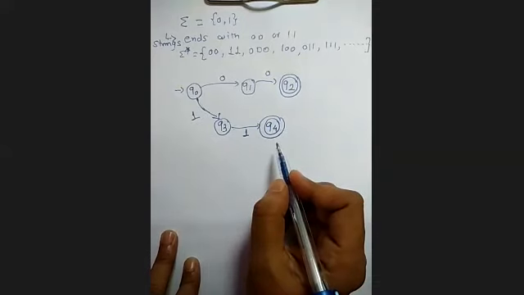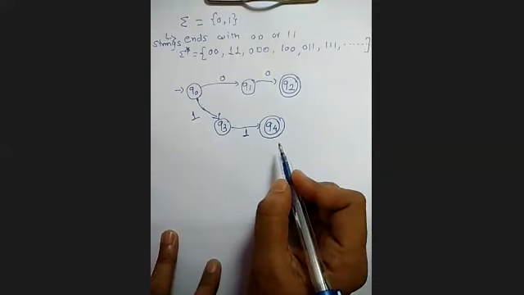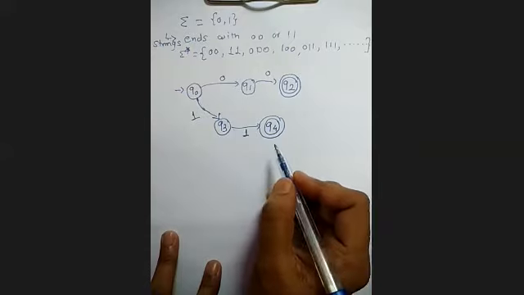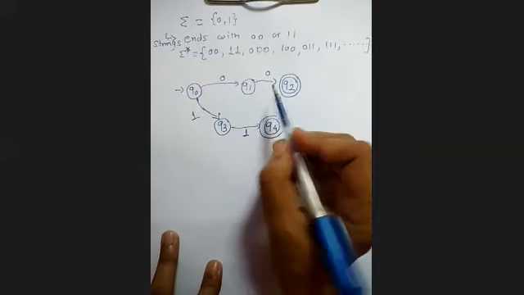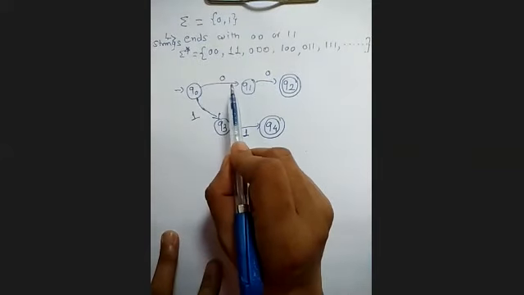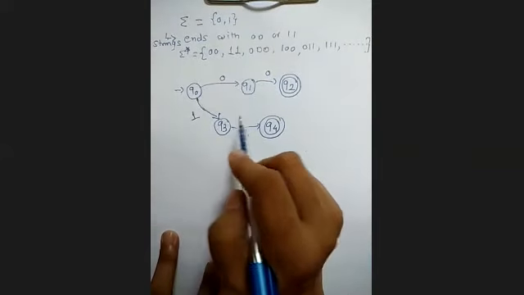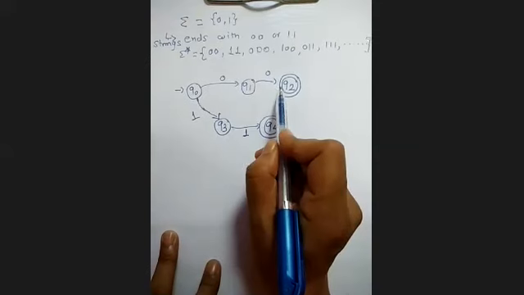Is it clear? So now we have completed Q0 on 0 and 1. Now consider Q1. Okay, so Q1 transition is completed for the 0.